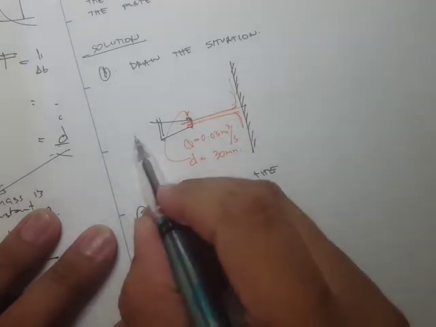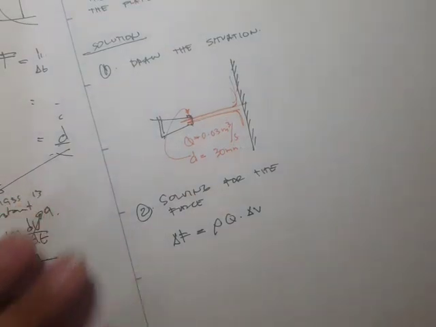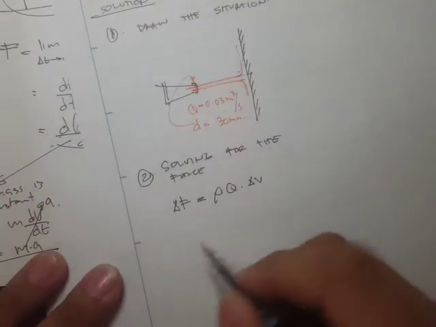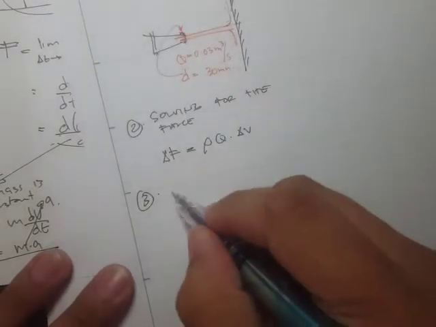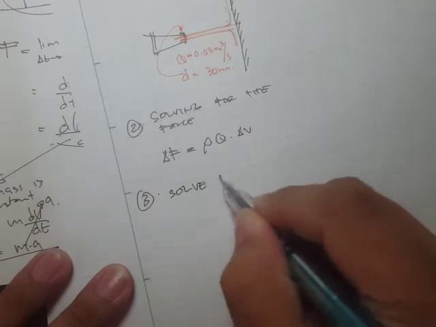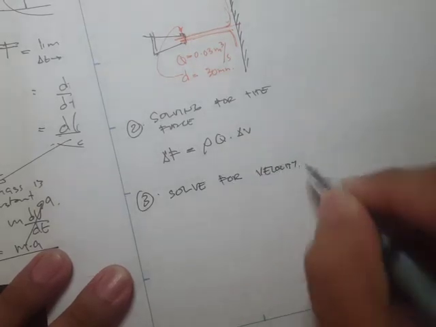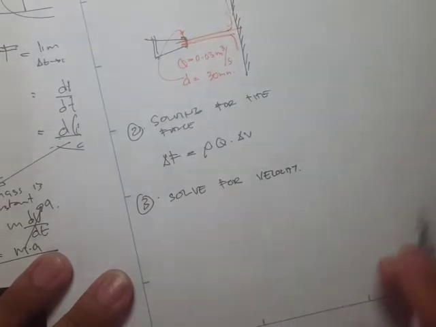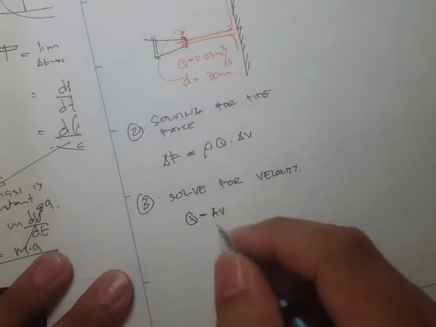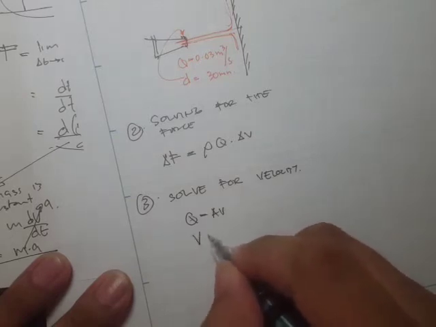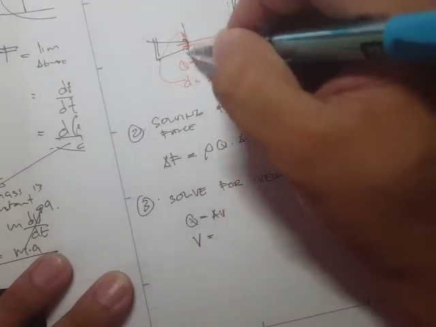Okay, so I guess we have to solve for the velocity first. Q is equal to AV. So V is equal to Q all over area, which is the velocity at this point.